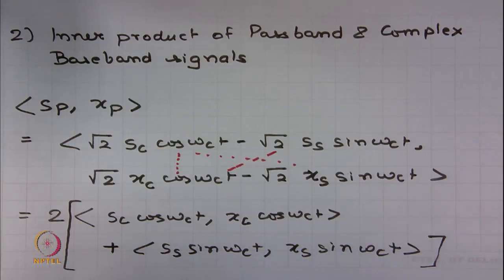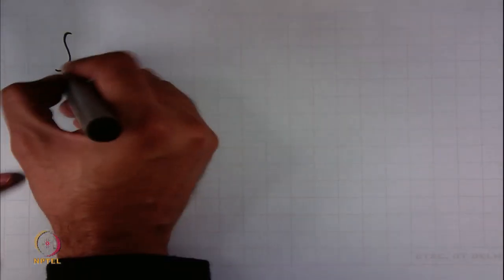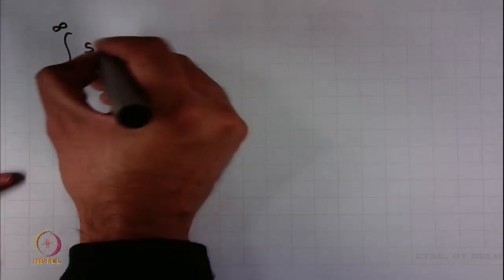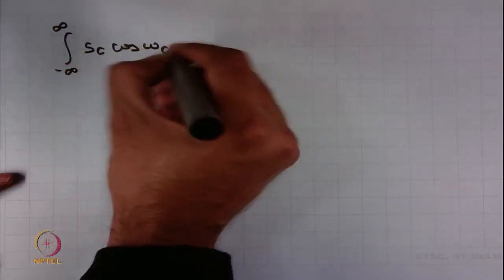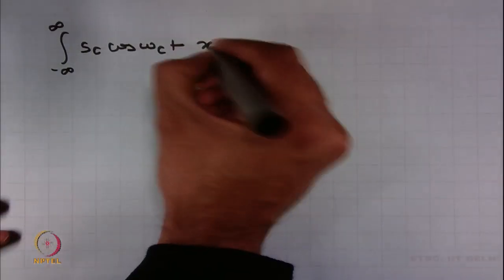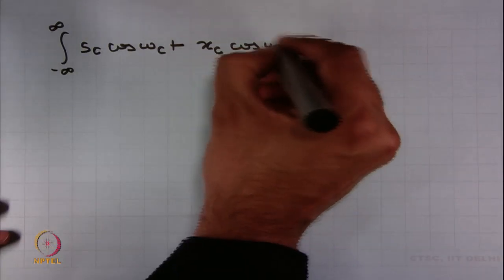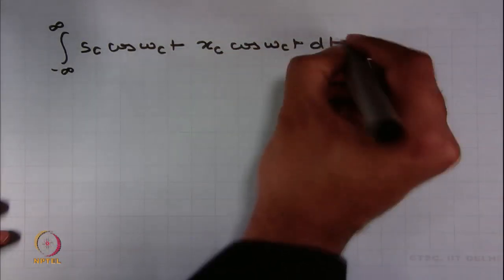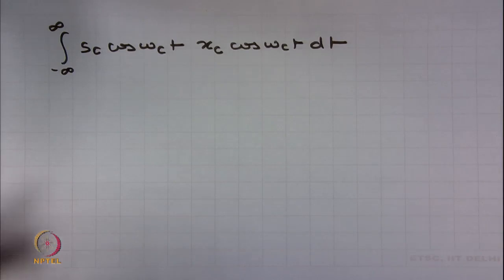All right. Now, let us see what is the inner product of SC cos omega CT with XC cos omega CT, and as everything is real, I do not unnecessarily put a conjugate.